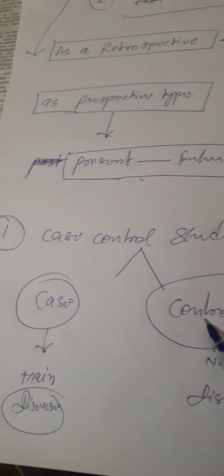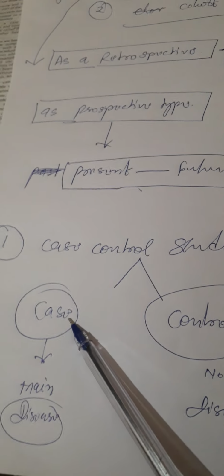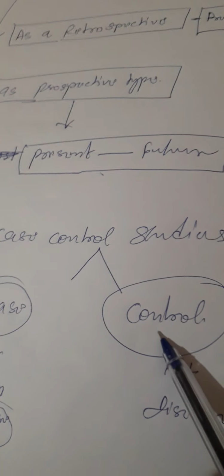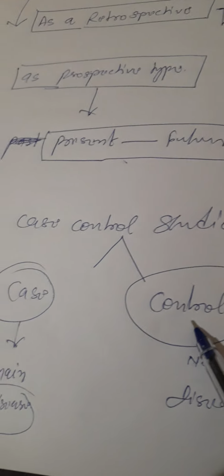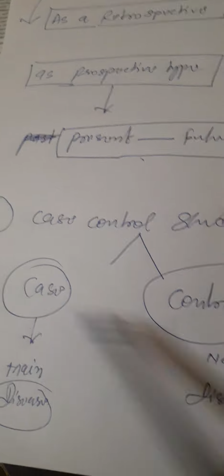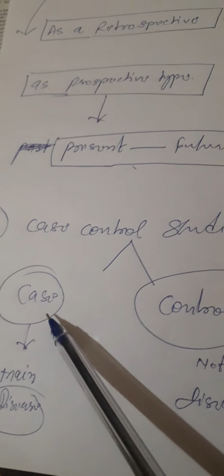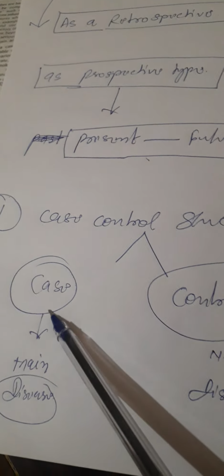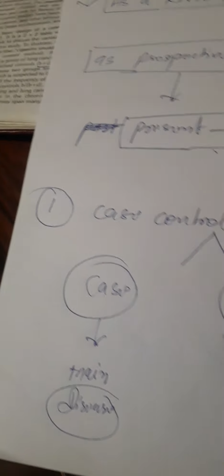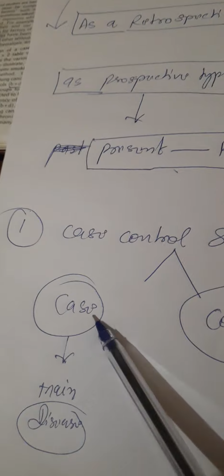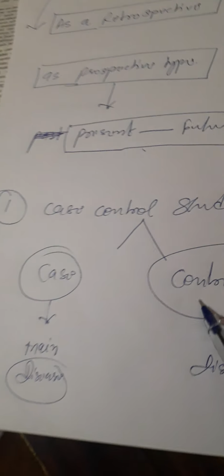The case population has been diagnosed, but the control has not been diagnosed. But both groups have a similar geographical area, similar nutritional condition, and similar educational level. All the demographic conditions will be the same.